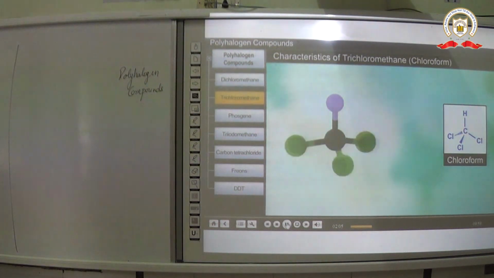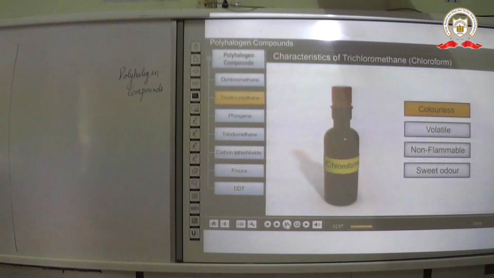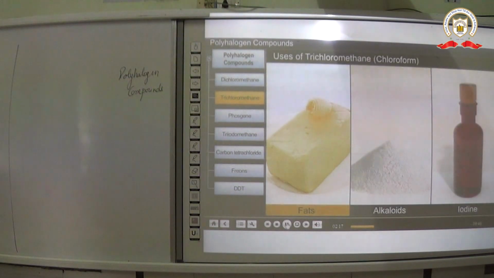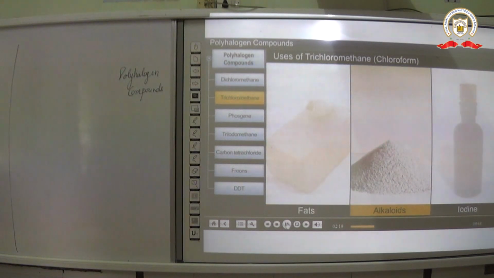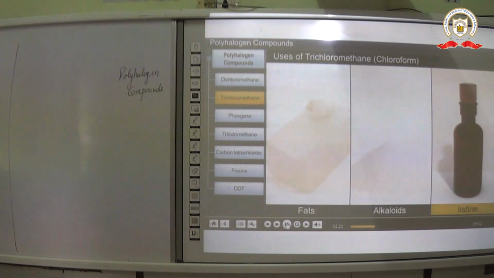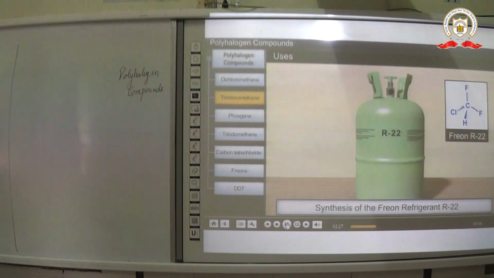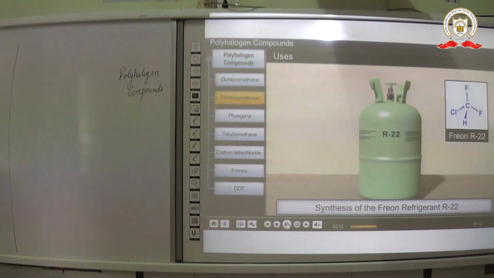Trichloromethane, or chloroform, is a colorless, volatile, non-flammable liquid with a sweet odor. It is used as a solvent for fats, alcohols, iodine, and other substances. It is also used in the synthesis of freon, a refrigerant, or R22, shown here.